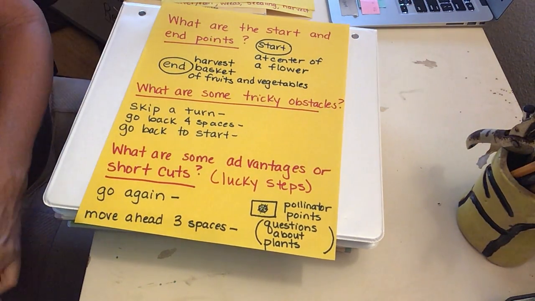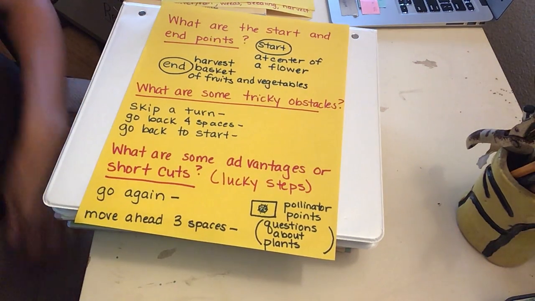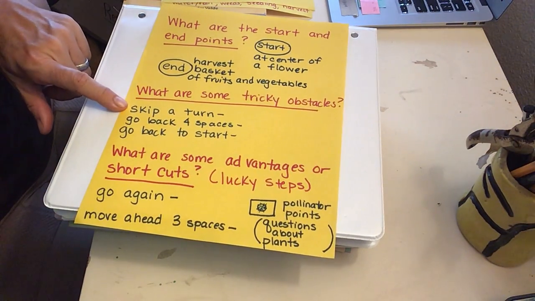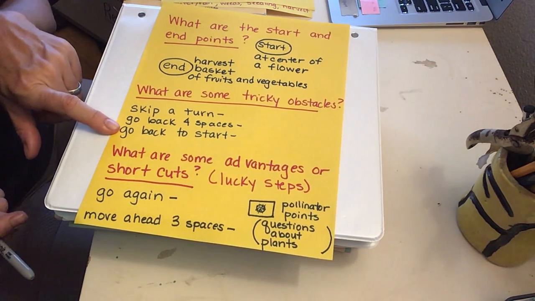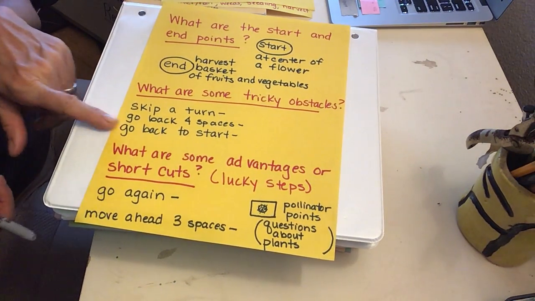Then you need to think of maybe what are some tricky obstacles, some things that maybe you'll have to skip a turn or go back some spaces, or maybe, oh no, even go back to start? That would have to be something really bad.